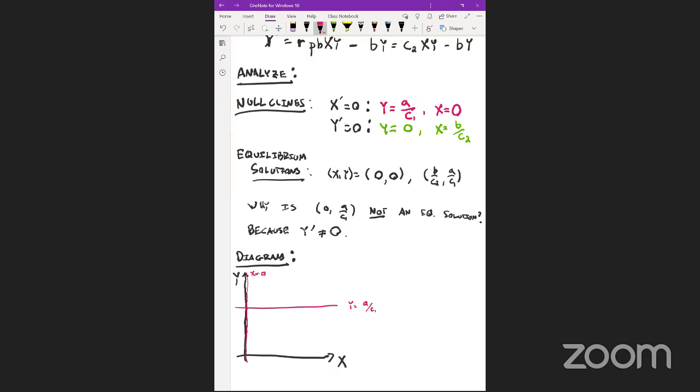So here is exactly that intersection that is not actually an equilibrium. Similarly here, we have y equals 0 and x equals b over c2.